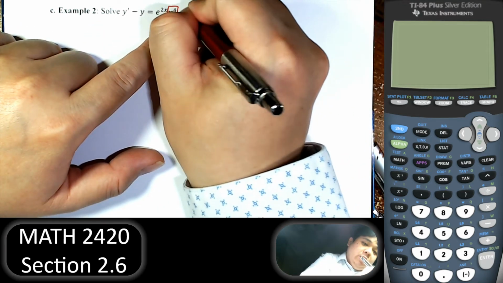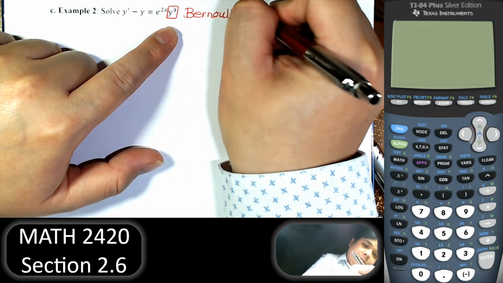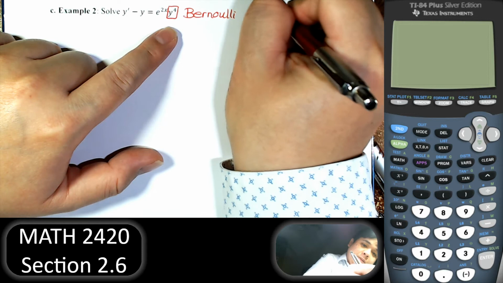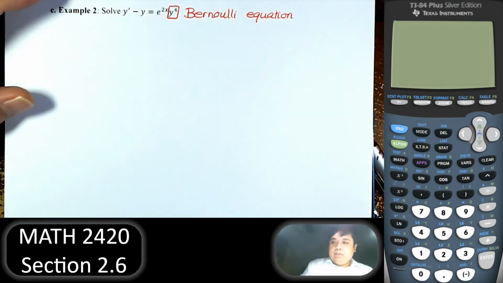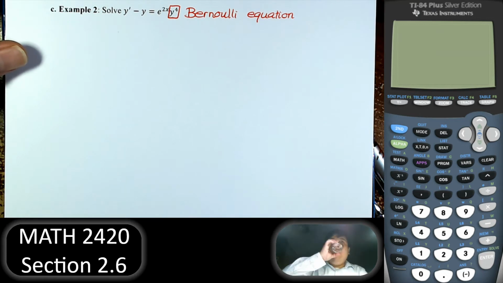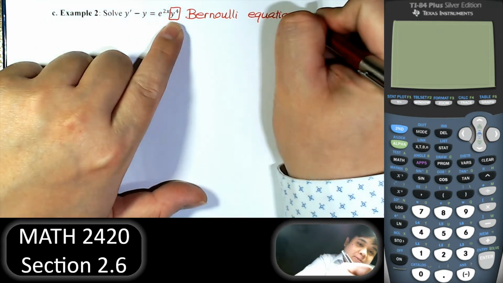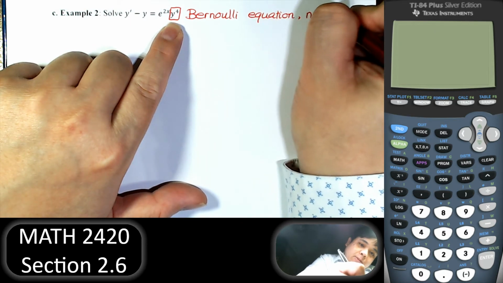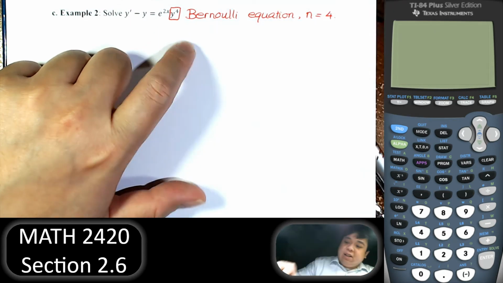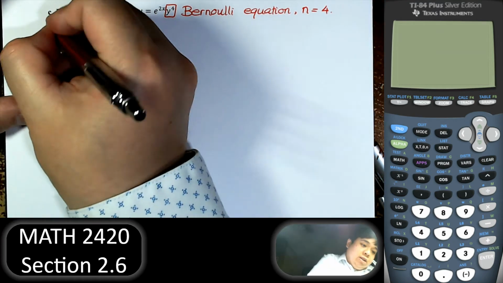So this is a Bernoulli equation, and in particular, n is equal to 4. After that, for a Bernoulli equation, we will use the substitution.